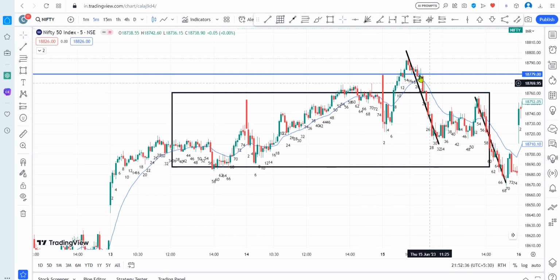Continuing with this bear bar, it also broke down, and chances are high that it is faded, so this sell move is also faded by buyers. This is the idea.